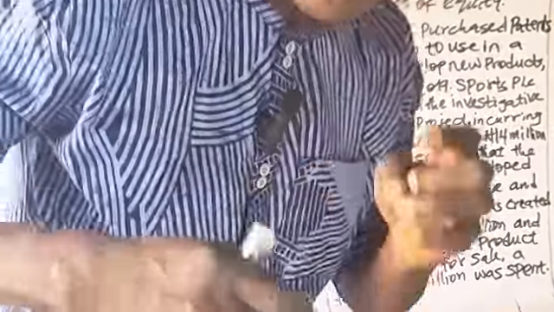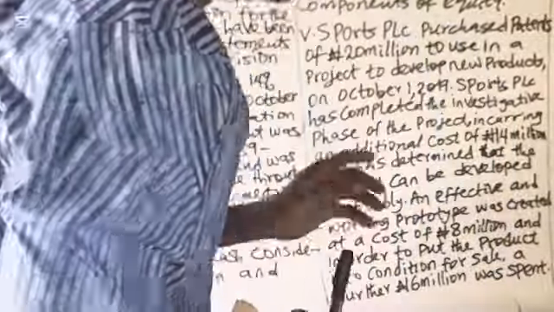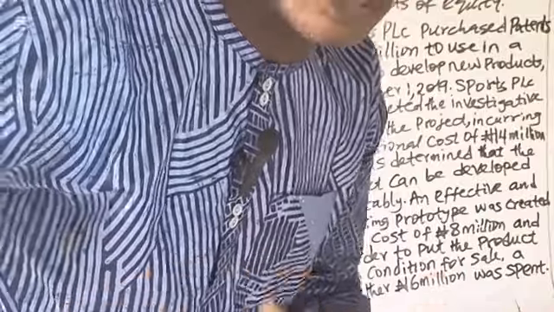So expenditure incurred at the research phase of a project should always be expensed. So that shows that the 14 million naira which were incurred at the research phase of the project does not meet the capitalization criteria as an intangible asset. Therefore, the 14 million should be expensed. Now, remember it has been included in intangible assets, so we have to remove it from there.